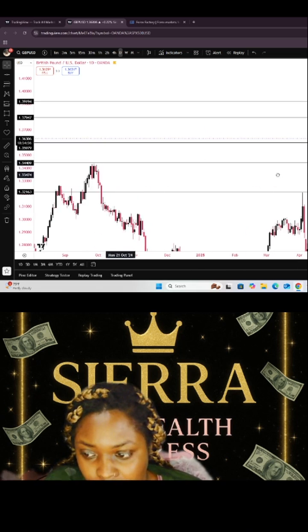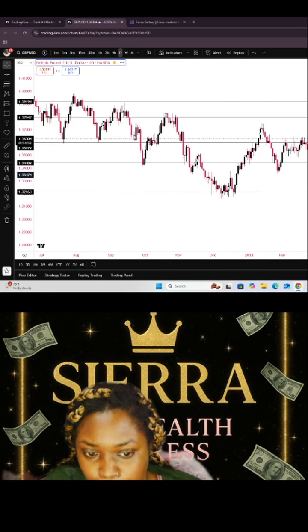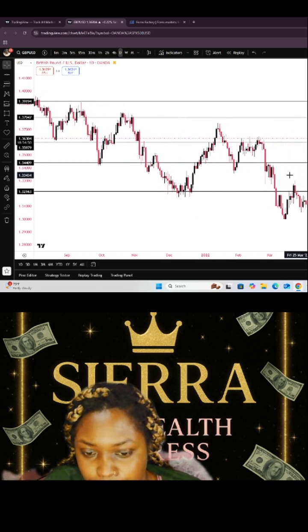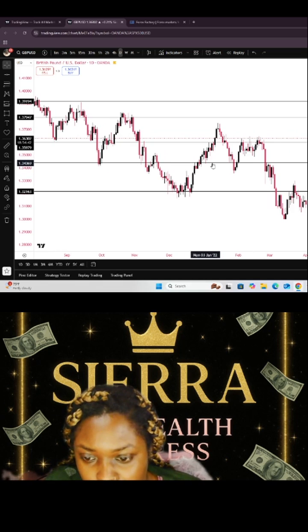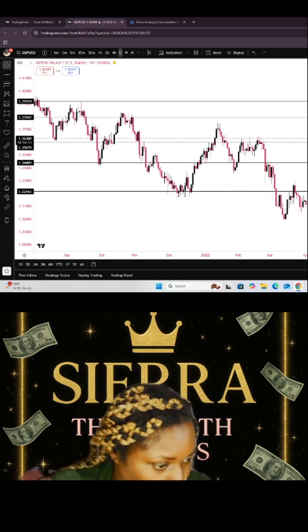Or I can continue to look left and see if I see a fair value gap over here somewhere, okay? And I see a gap here, I see a gap here, I see a tiny one here, and I see one here. But I'm going to keep this line here because I see price is respecting this area. So this is where I'll just keep a regular support resistance zone, okay?